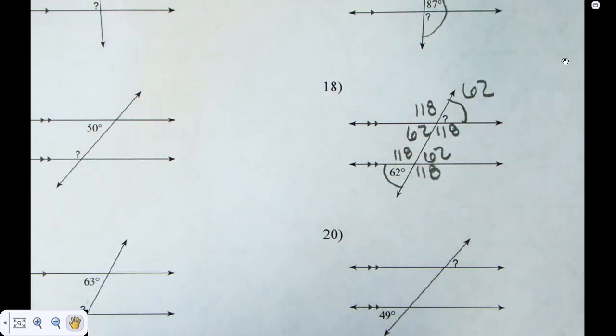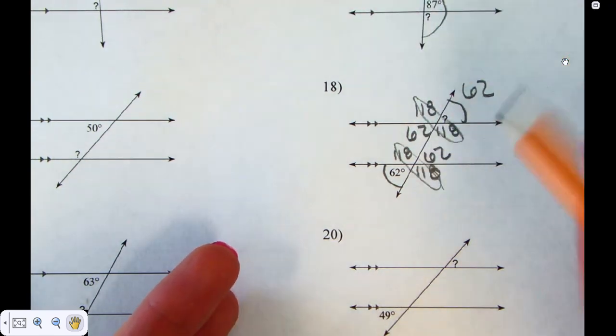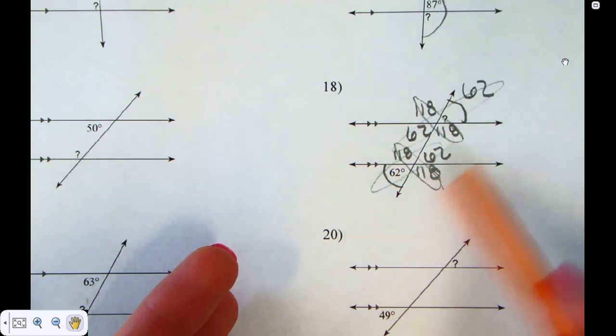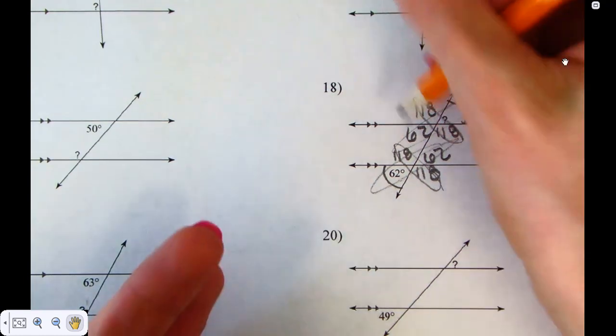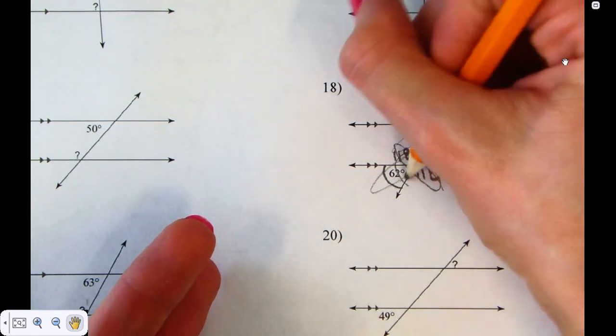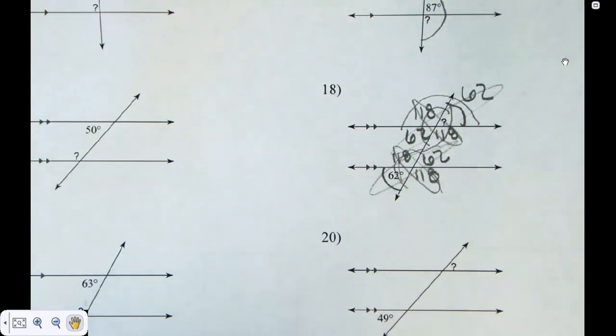I can fill in all those other angles. I can see my vertical angles are the same, and that any of those 118 plus 62 that's on a line will add up to 180. Here, here. I could go this way, or this way. There are lots of different ways that you can look at these.